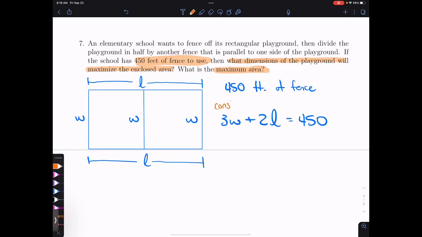That again is our constraint. We're restricted to that much fence. And our objective, the thing that we want to actually maximize, is the area. What would the area be for that rectangle? Length times width.